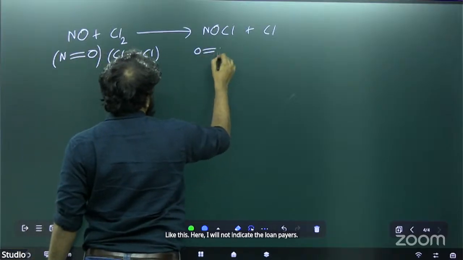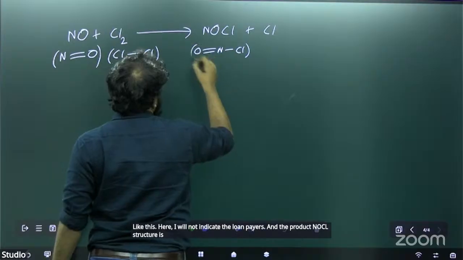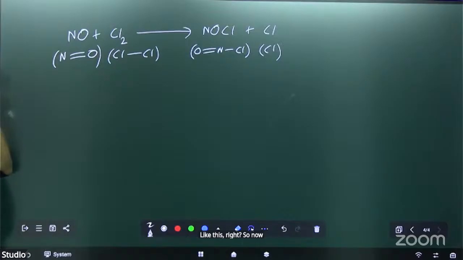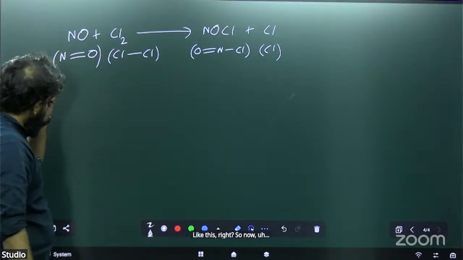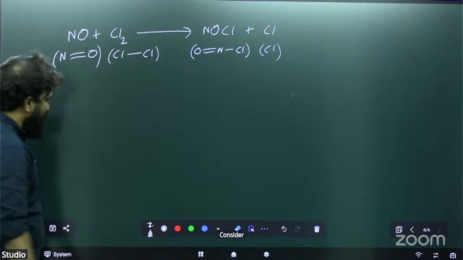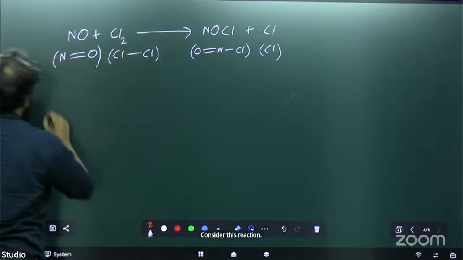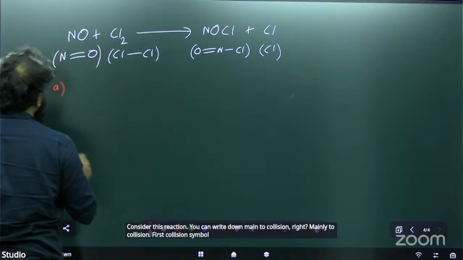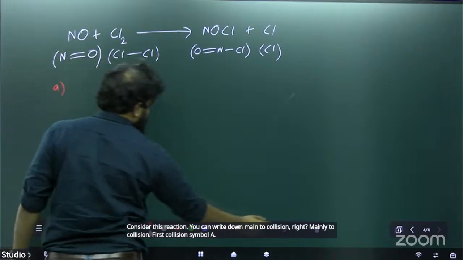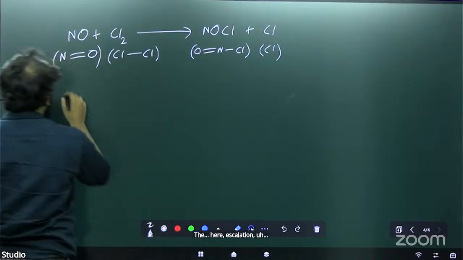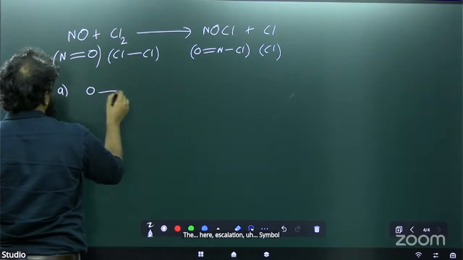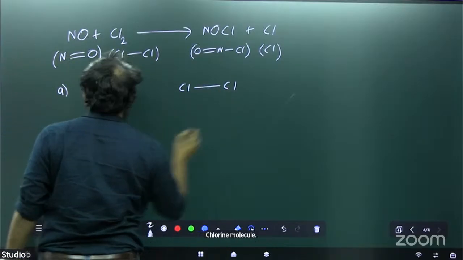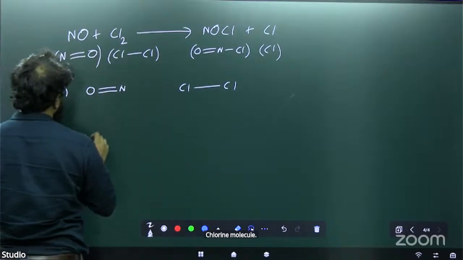And the product NOCl structure is like this, right? Now when we consider this reaction, we can write down mainly two collisions, first collision, symbol A, and B.